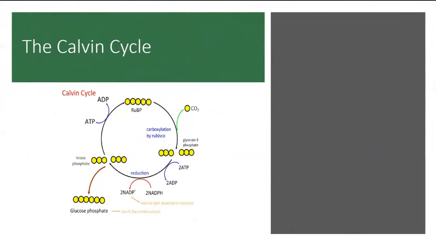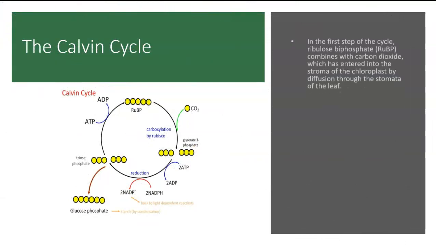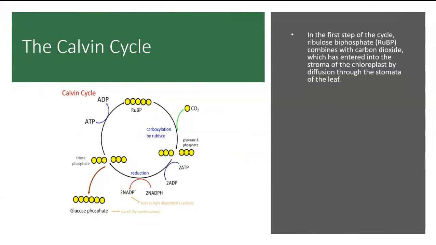And there it is in its glory, the Calvin cycle. In the first step of the cycle, RuBP combines with carbon dioxide, which has entered into the stroma of the chloroplast by diffusion through the stomata of the leaf.